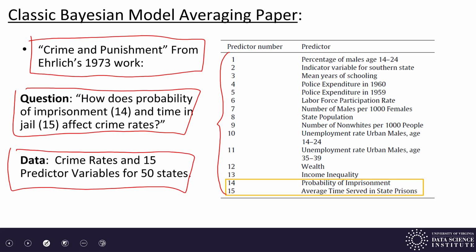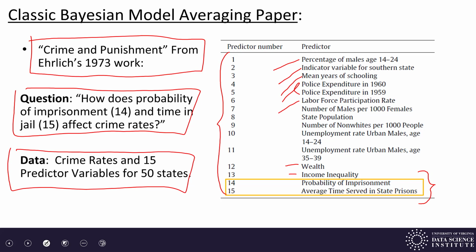You can look at each of these predictor variables: percentage of males in a certain range, indicator variable for southern states, mean years of schooling, police expenditure, labor force participation rate, an unemployment rate, a bunch of other demographic variables coming down to wealth, income inequality, and down here at the bottom, probability of imprisonment and average time served.